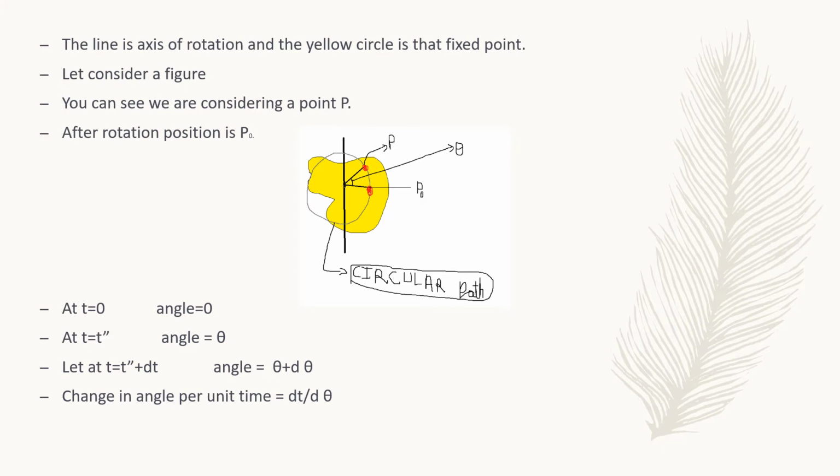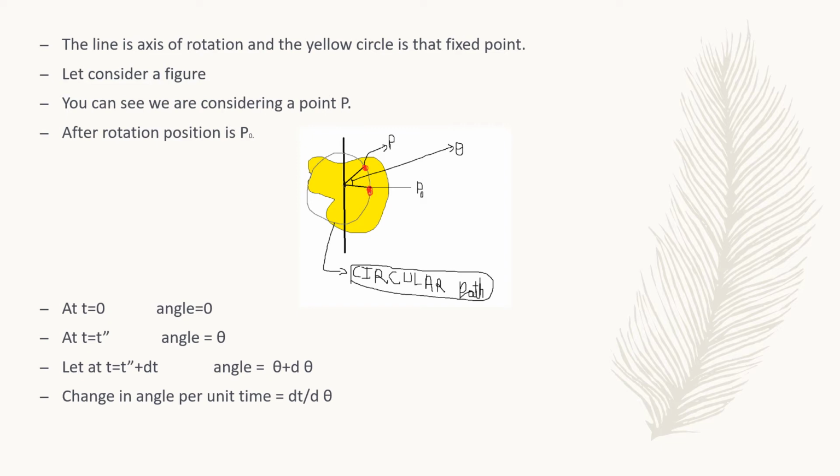At time t equals 0, the angle is 0, but at time t dash the angle is theta. The particle is covering a circular path as drawn. Let at t equals t dash plus dt the angle be theta plus d theta.